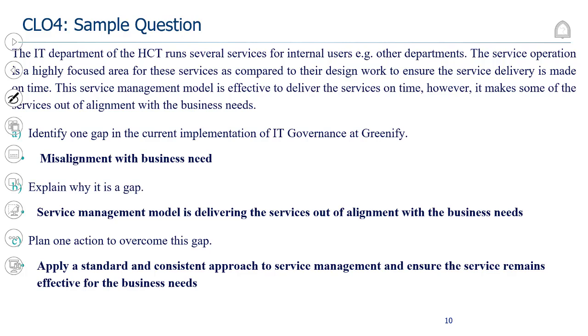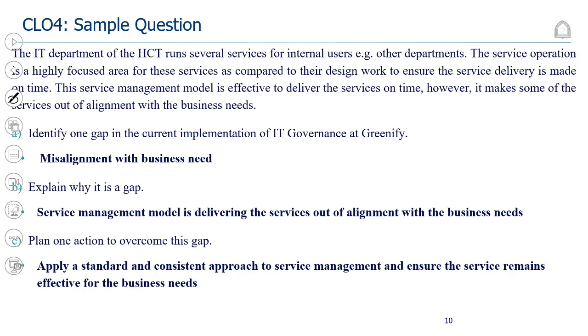Because you have to identify the current gap in the implementation of IT governance. The characteristics of what is going wrong when IT governance is not in place are covered in CLO1. So in this CLO4 question, you'd find it easy if you've done some reading and understand what is in CLO1.